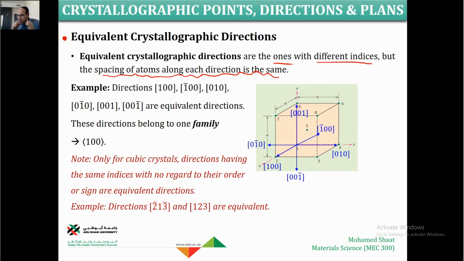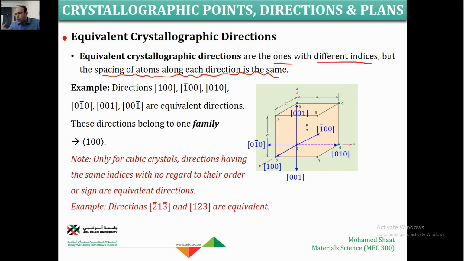That the spacing between the two atoms that represent these two directions should be the same. We said that any direction is set up from a start to an end point. It means if the length of this direction is equal to the length of the second direction, they are equivalent. But if they do have different lengths, it means that they are not equivalent crystallographic directions. How can we calculate the lengths?